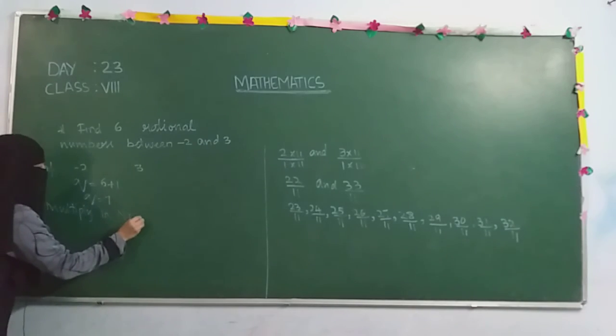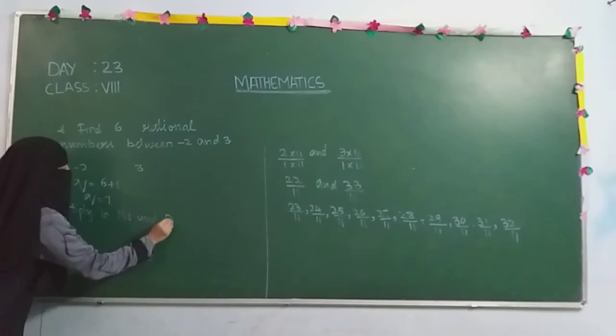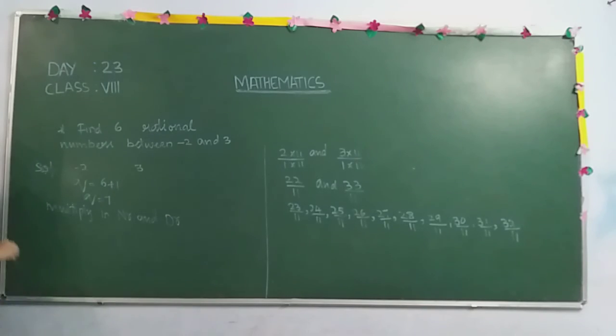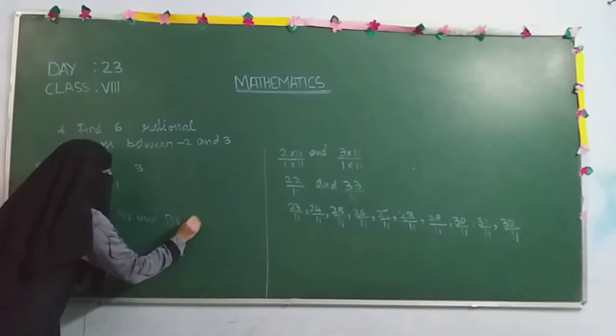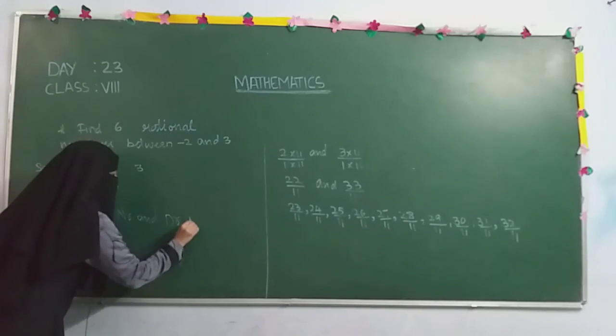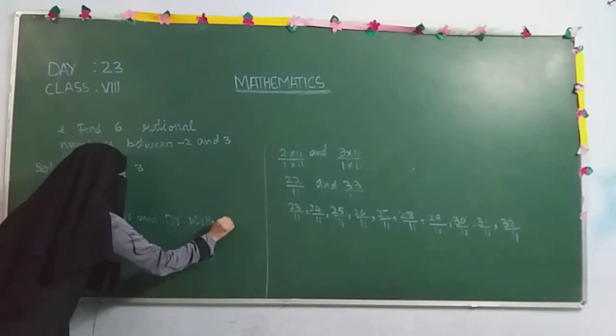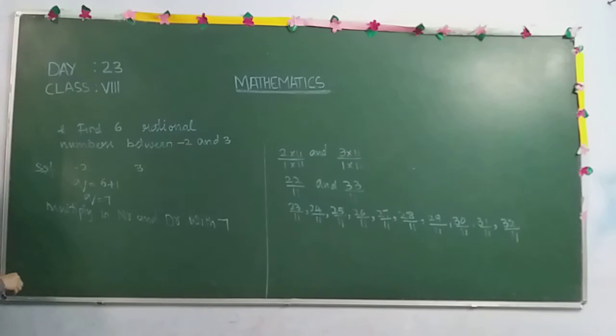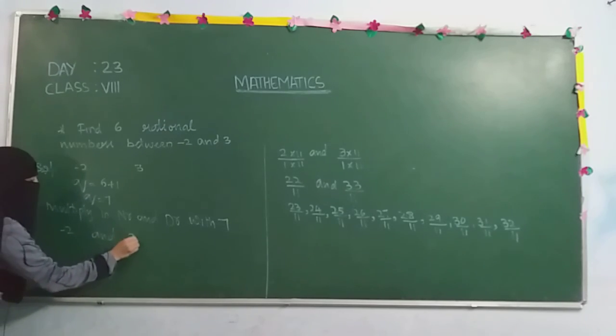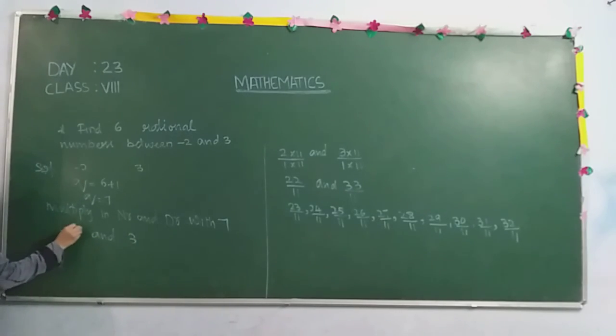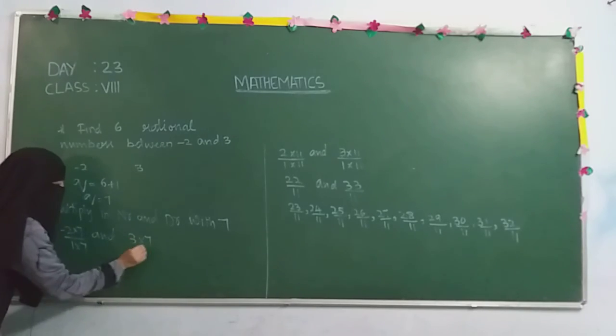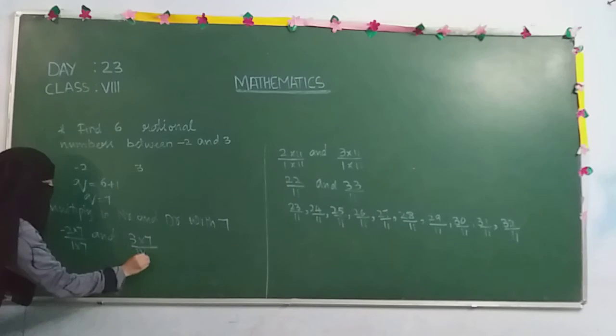NR stands for numerator and DR stands for denominator. Multiply the numerator and denominator by 7. Then the numbers we have to take are minus 2 and 3, over 1 into 7.